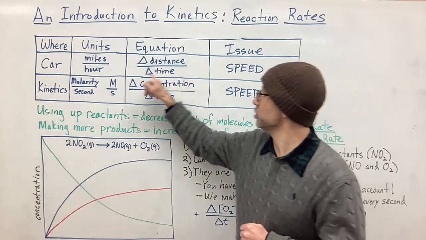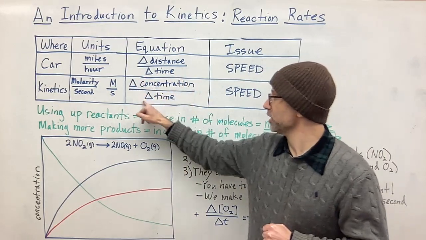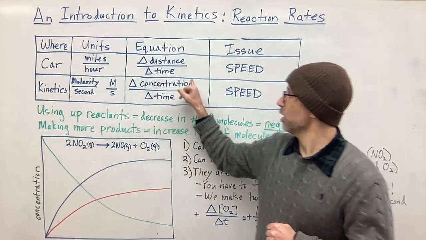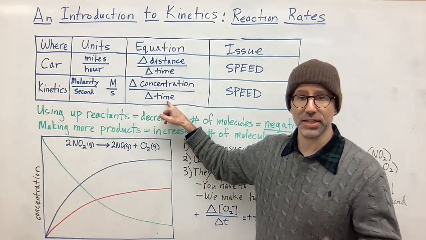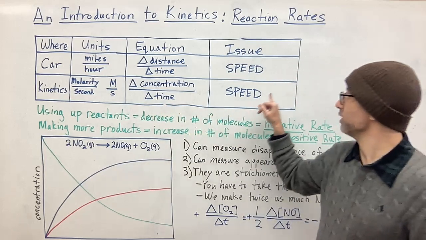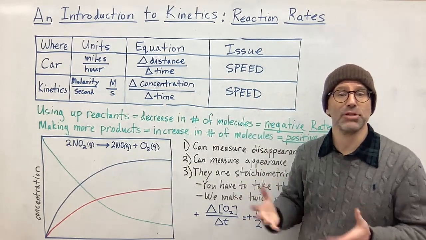So this is going to be the change in the concentration in molarity over the change in time that this change in concentration occurs. So this will give us the average change in the concentration of, say, a product or reactant over time.